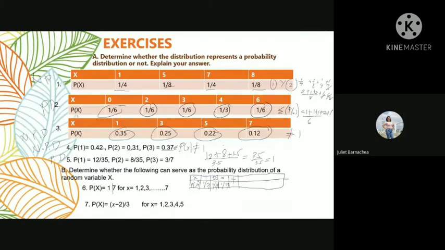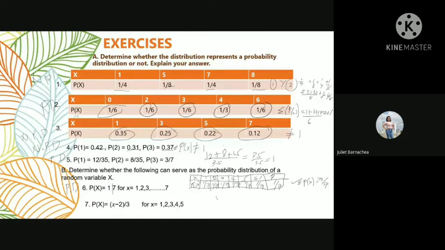Hanggang sa 7. 5, 1 over 7. 6, 1 over 7. 7, 1 over 7. So, lahat ng 1 over 7 ay nasa category 1. Yes, it is between 0 and 1. Pero yung sum kaya? One to 7 ay 7 over 7. So, therefore, it is a probability distribution.